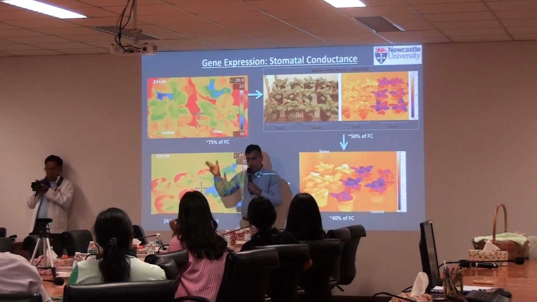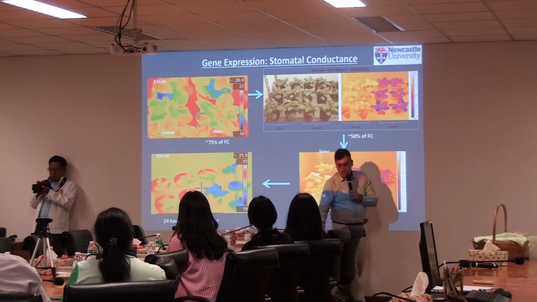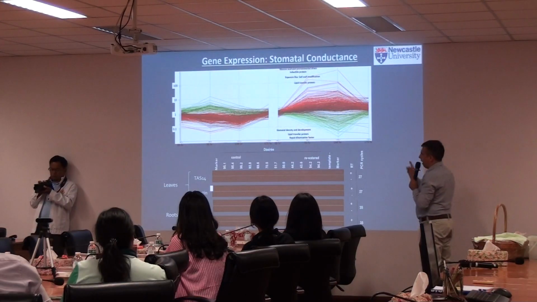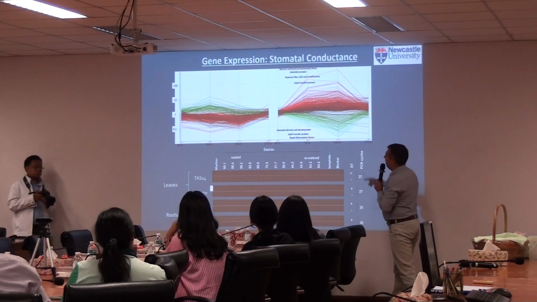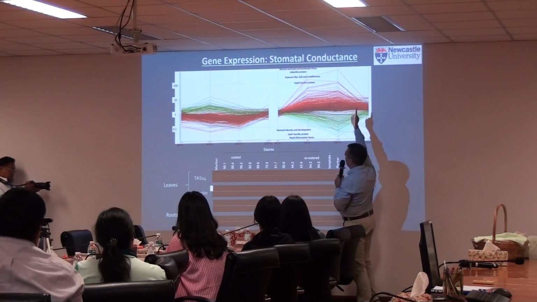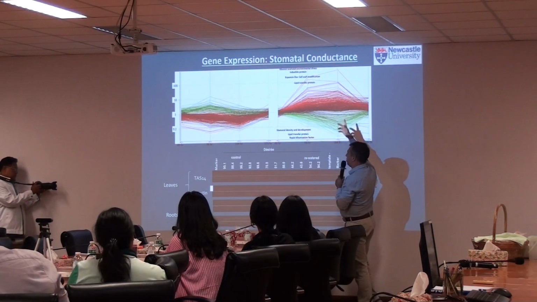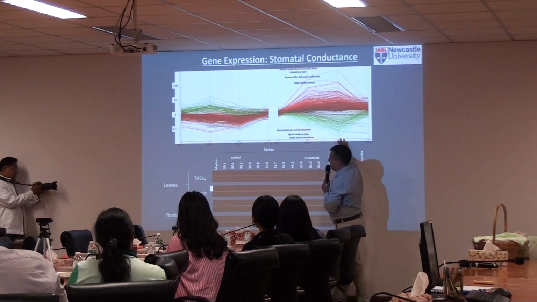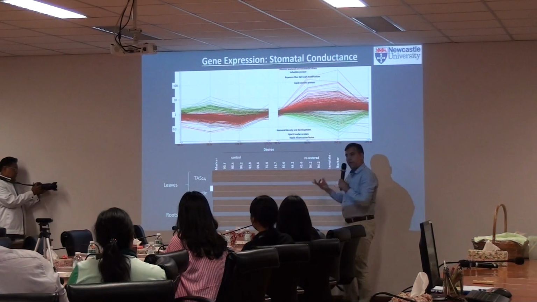Cutting a long story short again, because I don't have time for all of it, what we found is that the same genes in the microarray were the ones which were either highly regulated or showing a higher expression, or showing a lower expression, when there was a stress in the field.